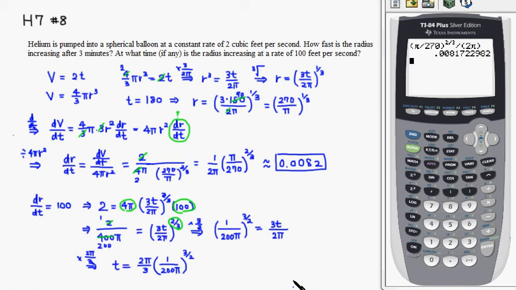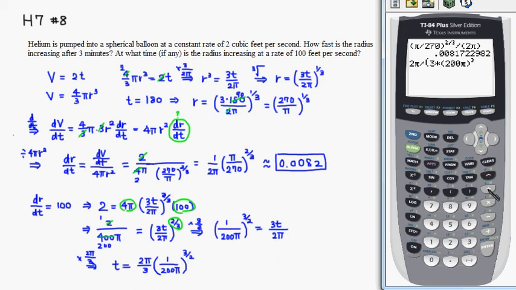So let's compute that. I'm going to do 2 pi first, then divide by 3 times 200 pi, and raise that to the 3/2 power.